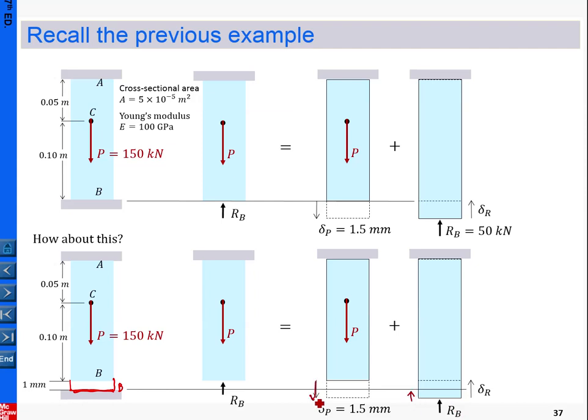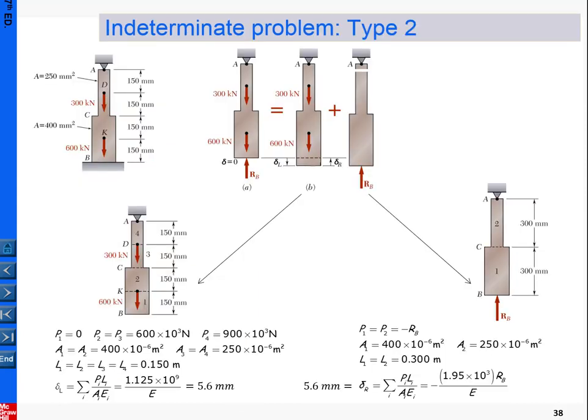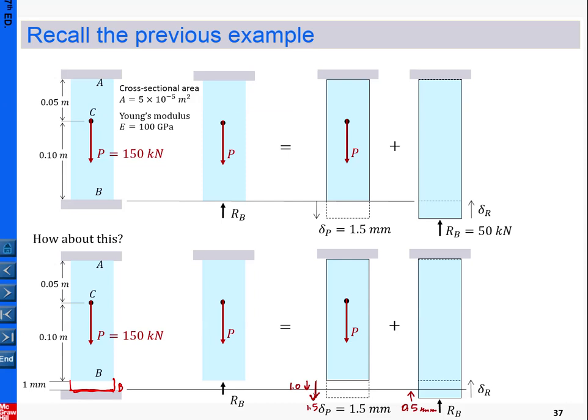The whole deformation is 1.5 and the gap is 1, so the pushback difference is 0.5 millimeters. That is the thinking process here. By doing this, you should be able to solve for RB.